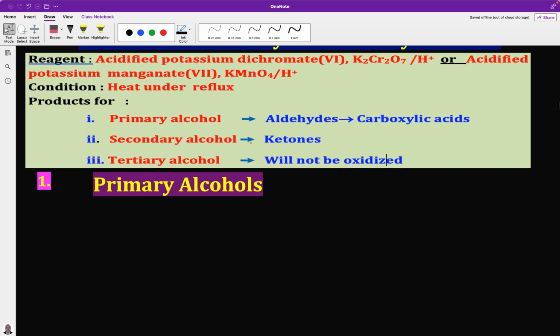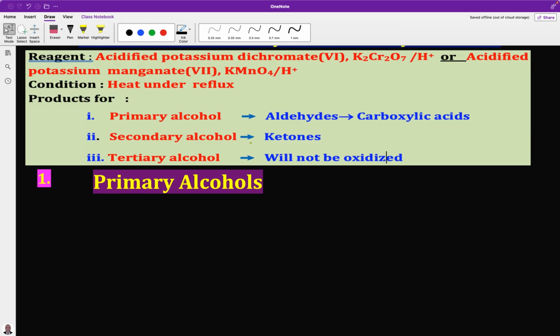Let's start with the oxidation of primary alcohol. Our example is a primary alcohol, for instance, ethanol. This is ethanol.